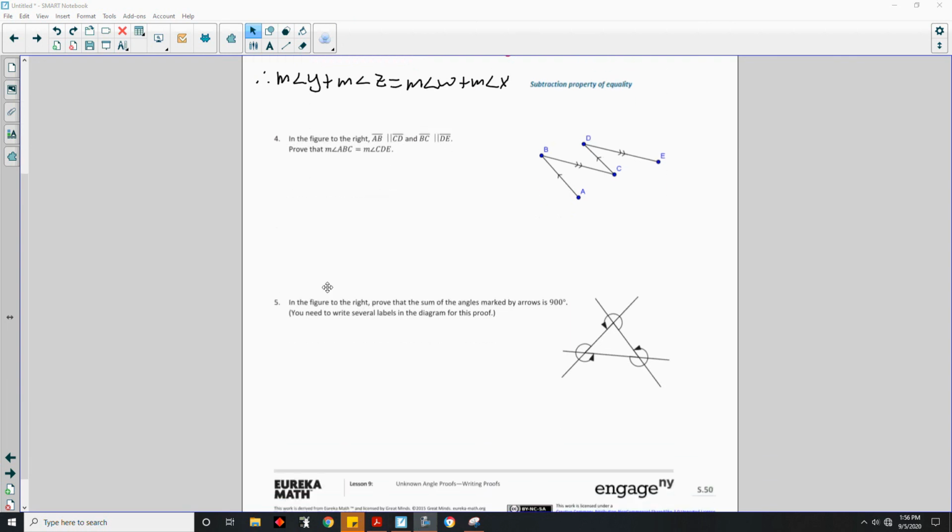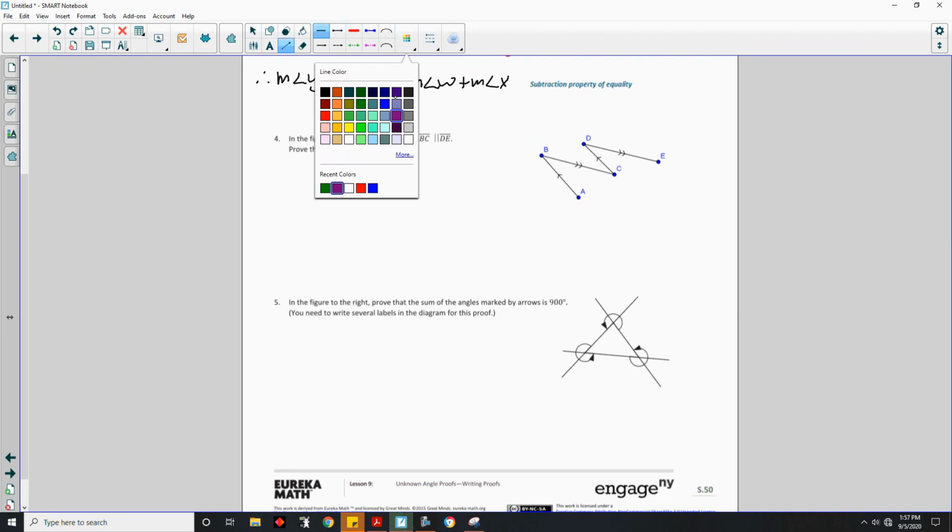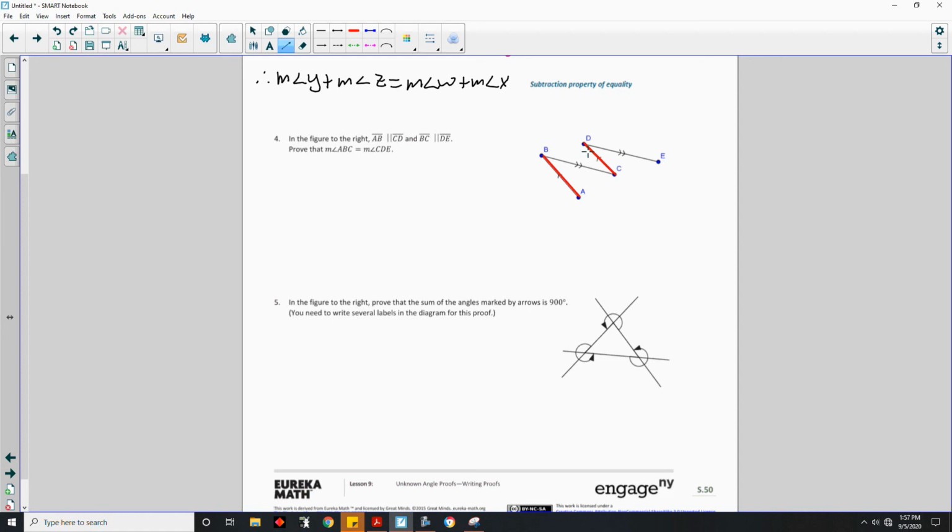Okay, number 4. In the figure to the right, segment AB is parallel to CD. So let me just color code this for you just to make it pop. Here's AB, here's CD. They are parallel.